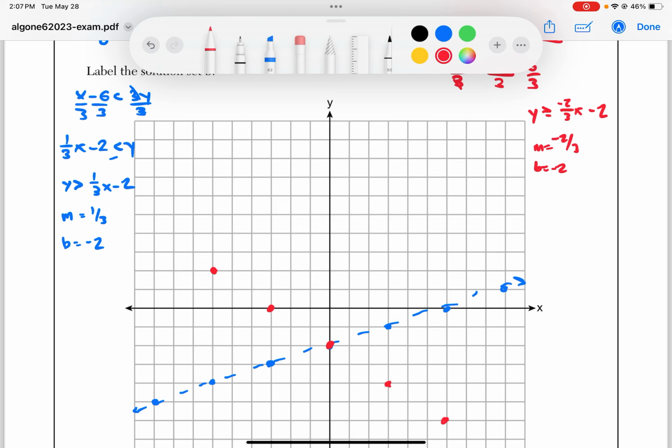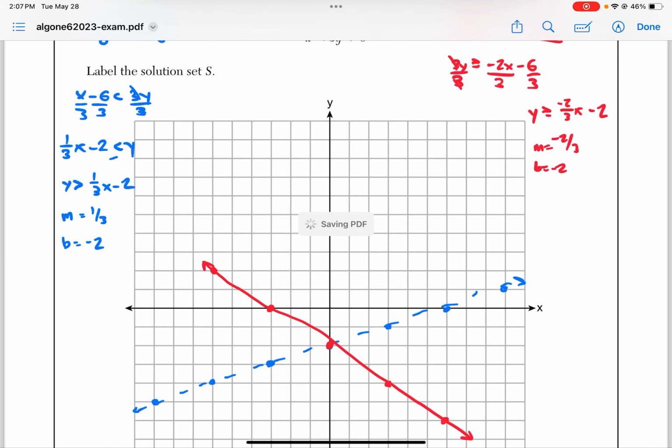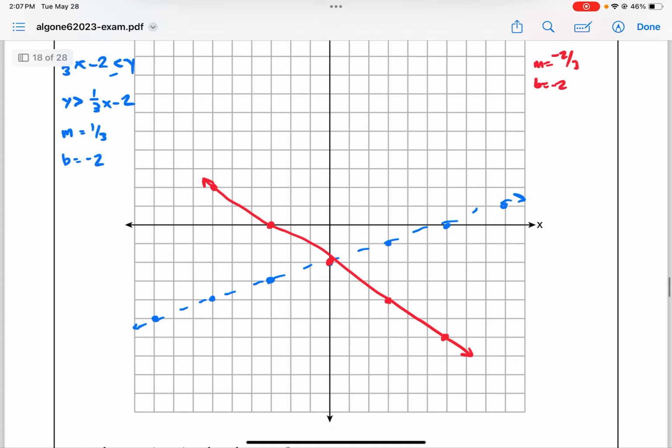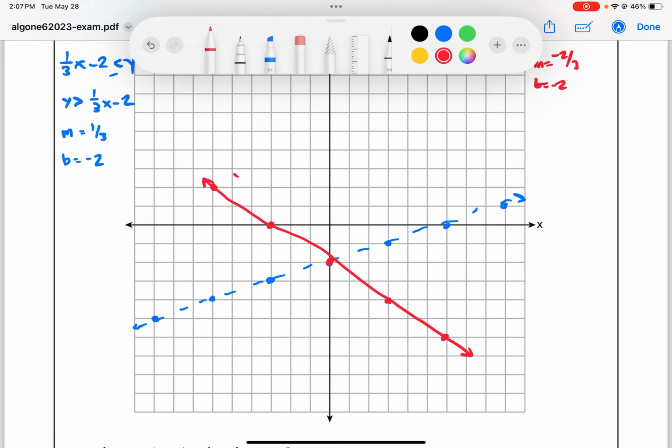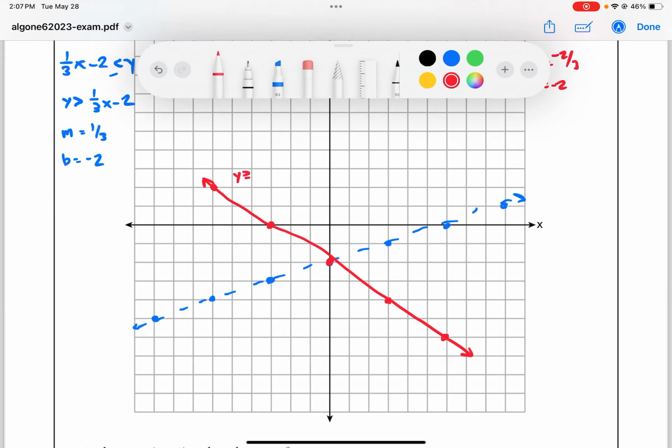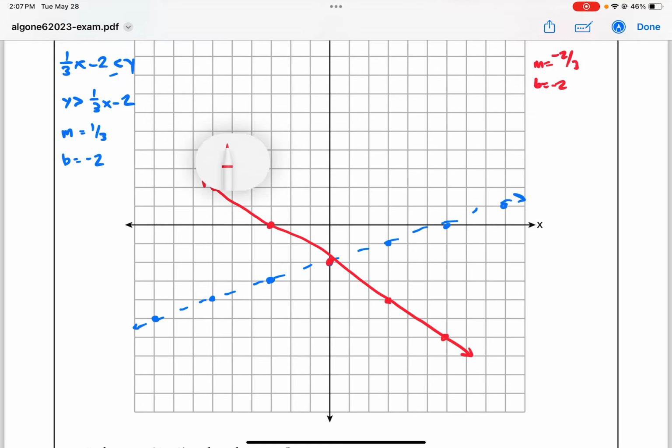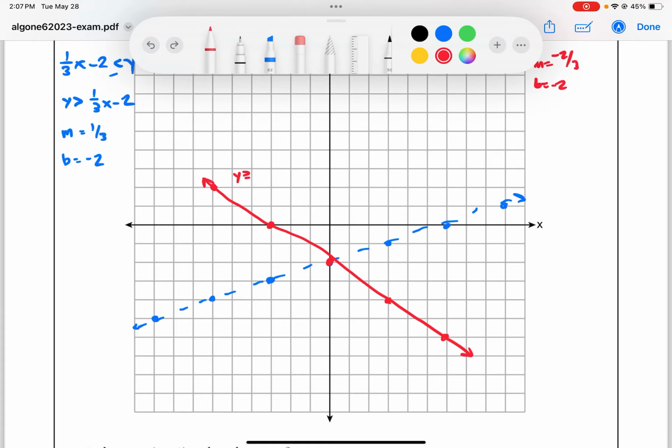And since that is a greater than or equal to sign, we're going to make a solid line. Of course, we're not going to forget to label. So y is equal to or greater than -2/3 x minus 2. And this is y is greater than 1/3 x minus 2.